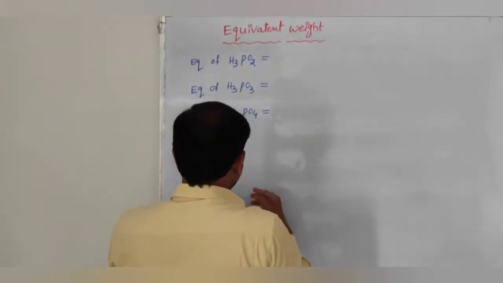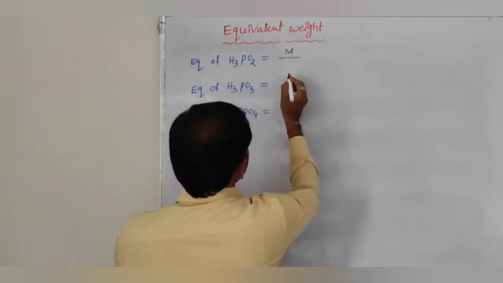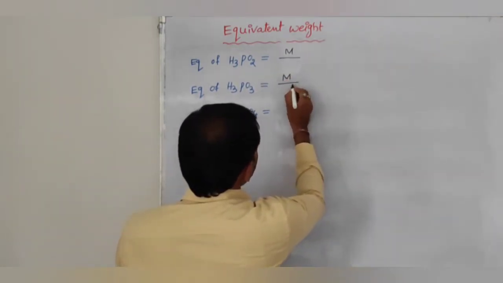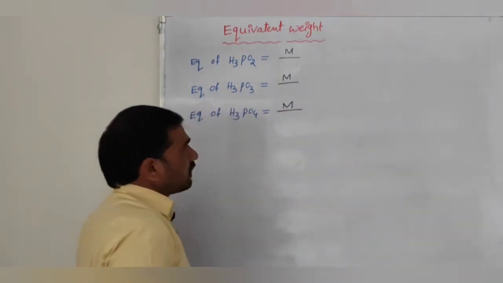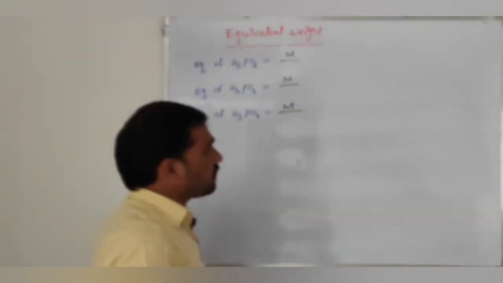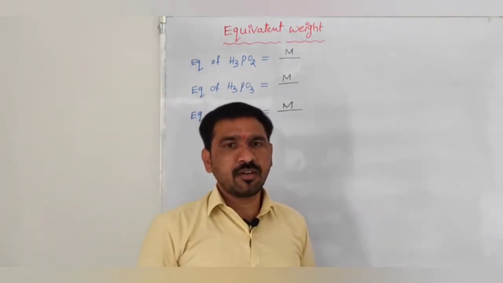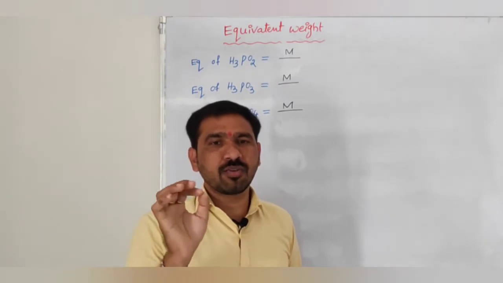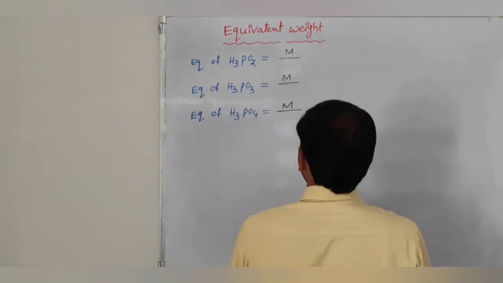Here, molecular weight M divided by n factor. With respect to the structures of H3PO2, H3PO3, H3PO4, we can get the n factor. Simply remember, beta, with respect to oxo acids, the number of OH groups present in an oxo acid is equal to its n factor. Right?